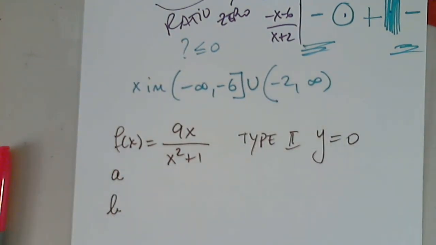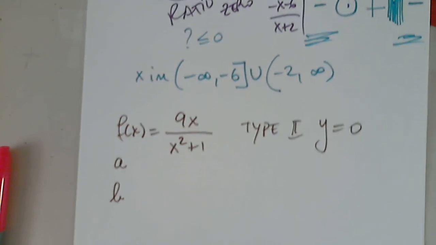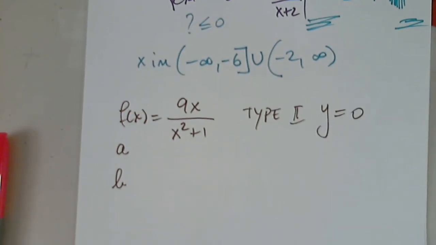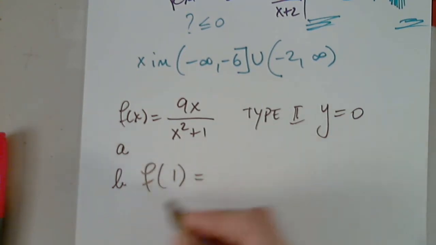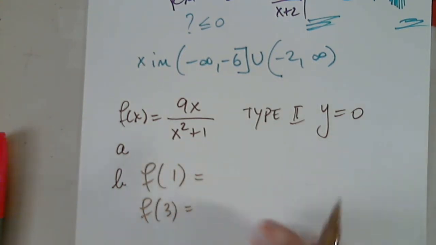Part B. Find the concentration after 1 and 3 hours respectively. How do I determine the concentration after 1 and then after 3 hours? What do I need to do? Substitute. Excellent. So find f of 1 and f of 3.